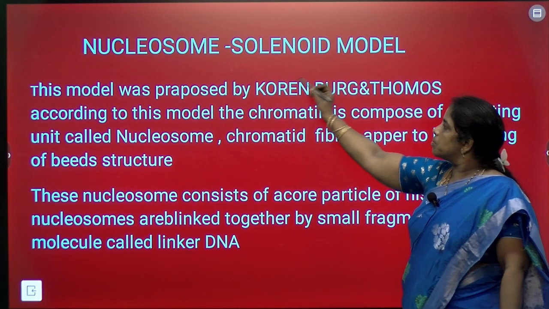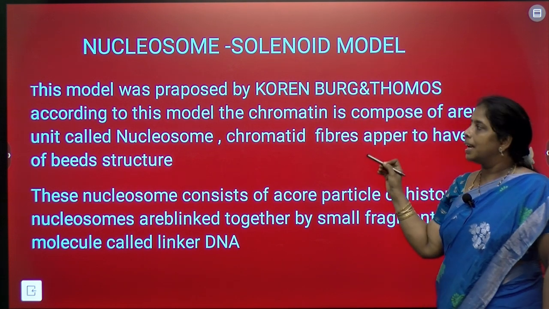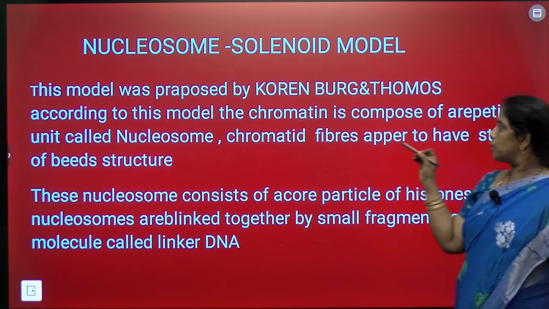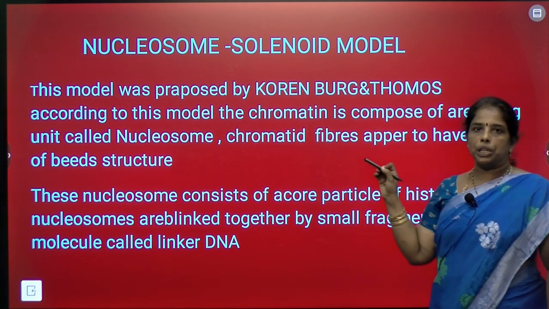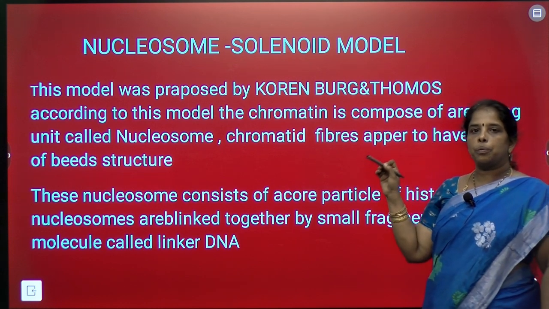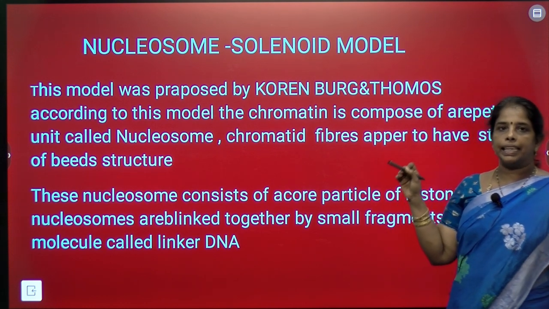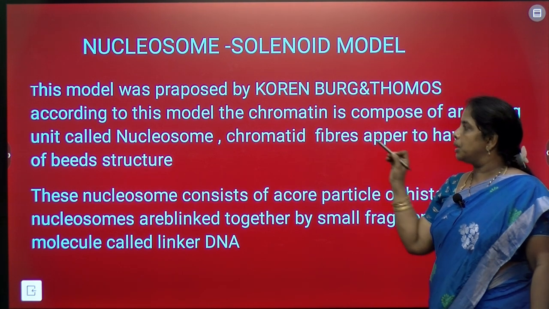The nucleosome solenoid model was proposed by Kornberg and Thomas. According to this model, the chromatin is composed of a repeating unit called the nucleosome. Each nucleosome has histone proteins and DNA, and these two are connected to form a unit called the nucleosome.